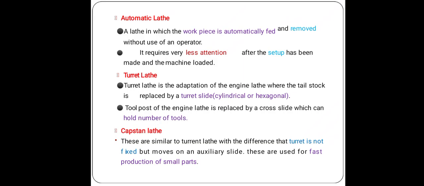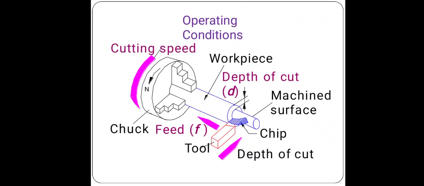The tool post of the engine lathe is replaced by a cross slide which can hold a number of tools. Capstan lathe: similar to the turret lathe with the difference that the turret is not fixed but moves on an auxiliary slide. These are used for fast production of small parts.